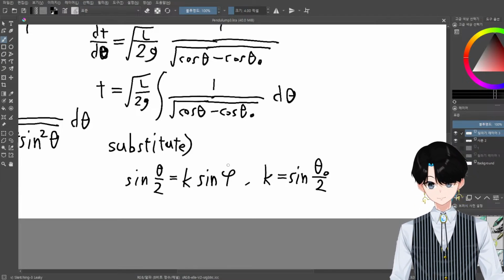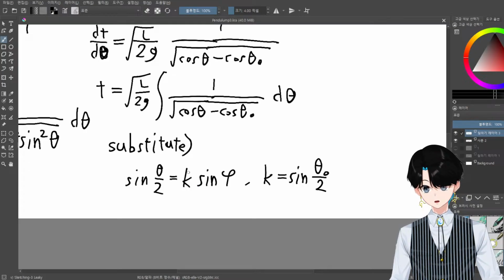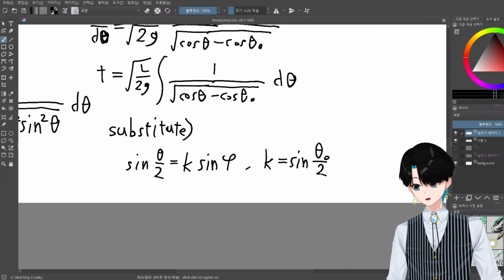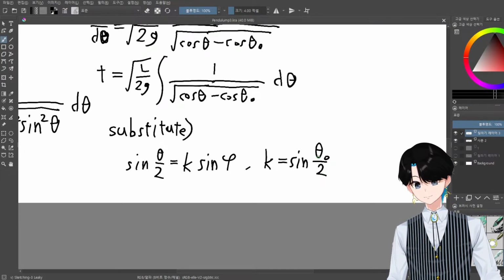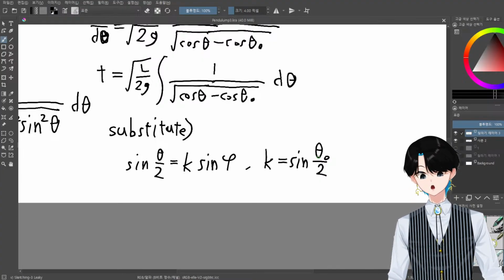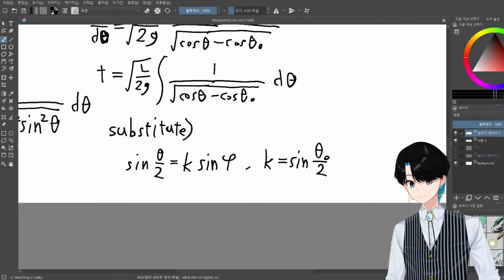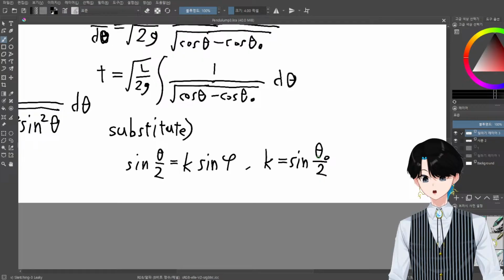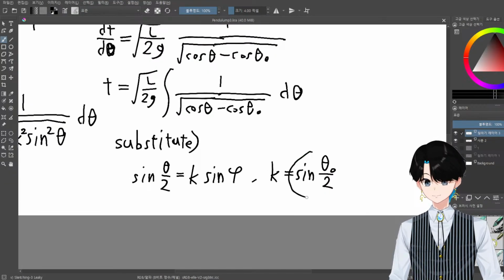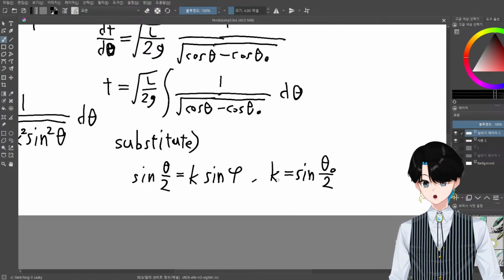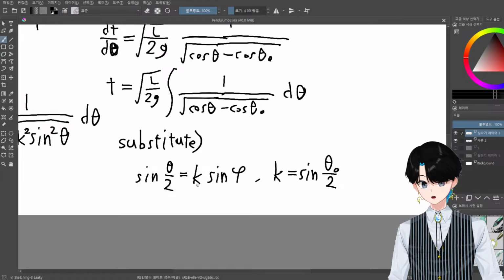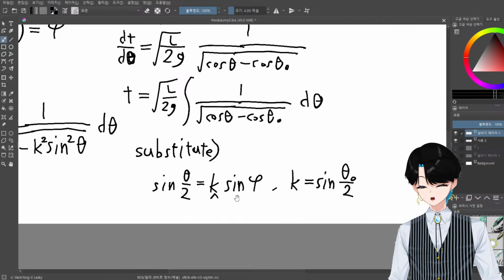This is a value, and this is also a value, and k is also a value. Sine theta 0 over 2 is equal to k, and we're just going to substitute. This is the substitution process, substituting this thing into k. So this is a constant.